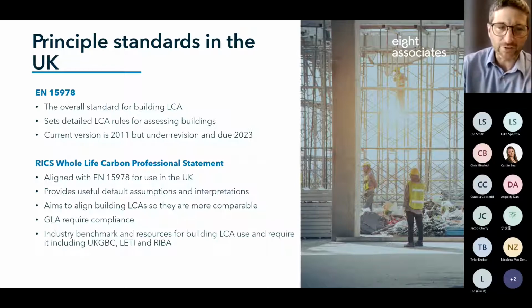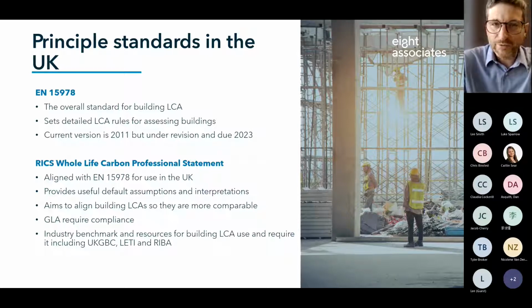It does go into an awful lot of detail, and that's probably why in 2017, RICS released their whole life carbon professional statement, which is very much focused on the UK market. It's intended to be aligned with 15978, which is good because the last thing you want is conflicting or different standards causing confusion.